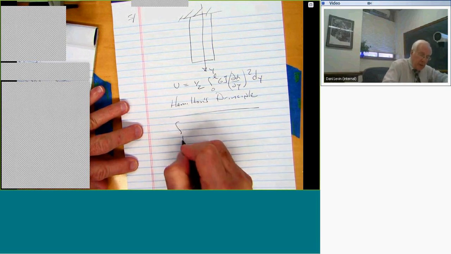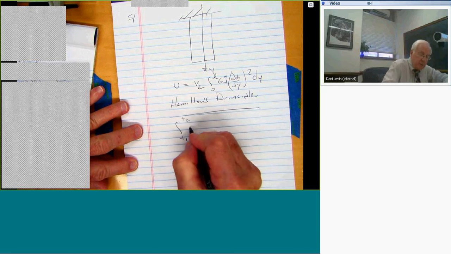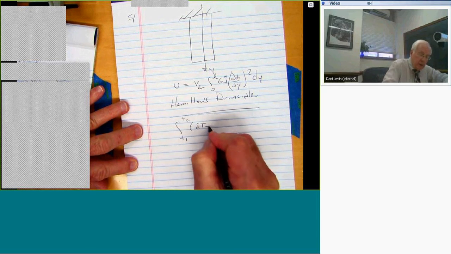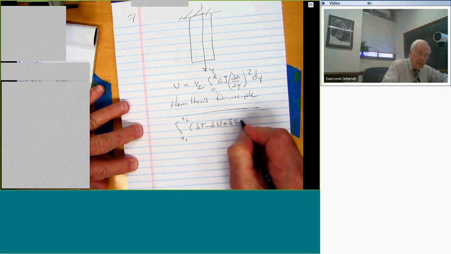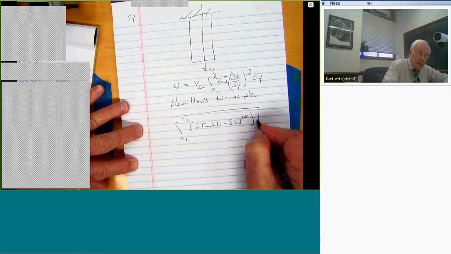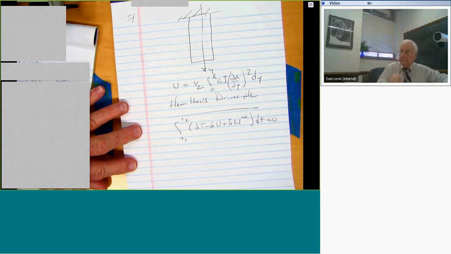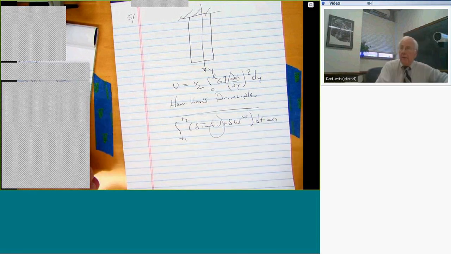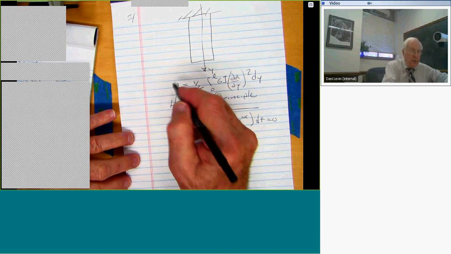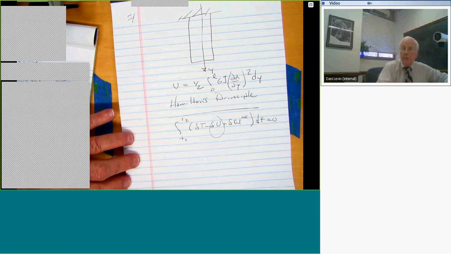And Hamilton's principle, let me remind you, is like this: integral of del T minus del U plus del W, capital W, NC, dt equals 0. So the key is I need del U. By computing del U, I'm going to produce a term that I need for the equation of motion, but I will also produce the terms that tell me what the boundary conditions are.